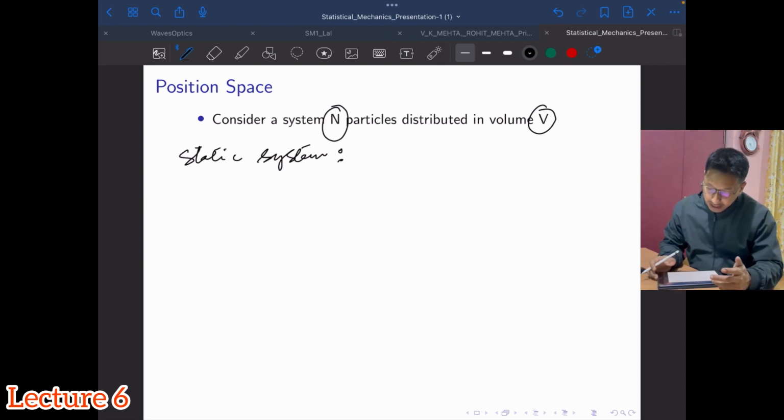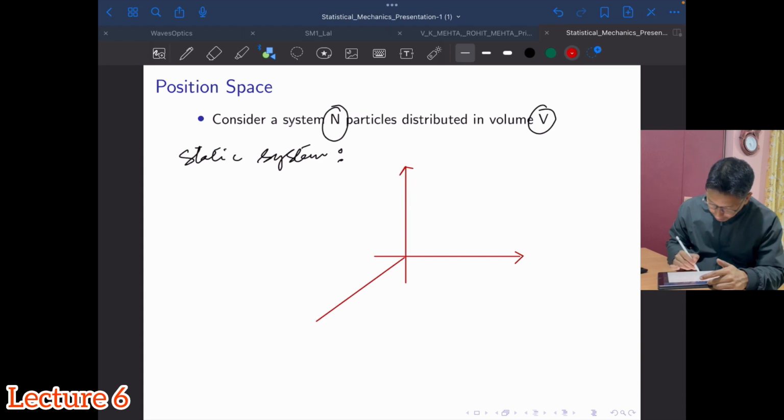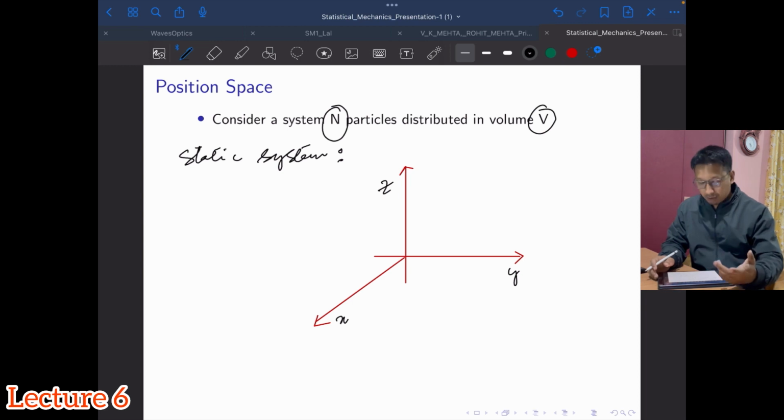To represent the system, I can have a Cartesian coordinate system with x, y, z axes, which are independent and mutually perpendicular.